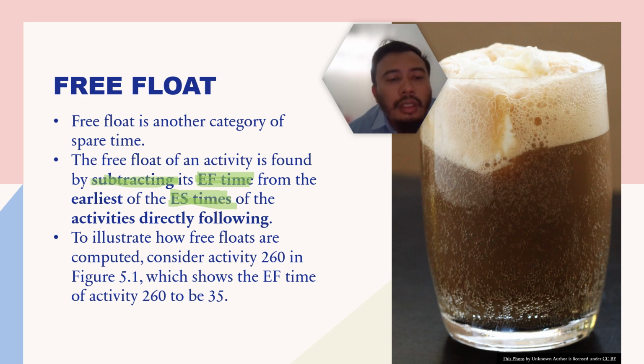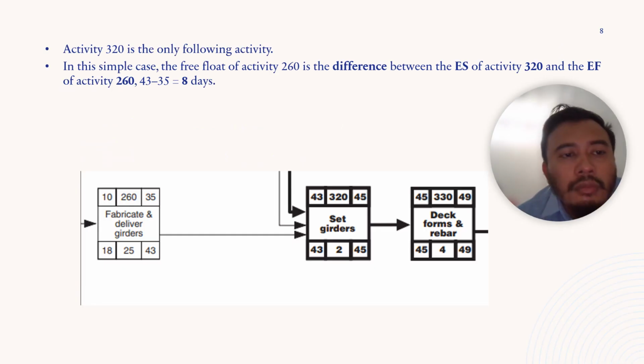To illustrate how free floats are computed, consider activity 260 in figure 5.1, which shows the earliest finish time is day 35. Activity 320 is the only following activity.